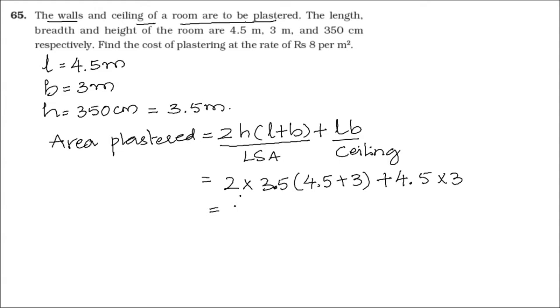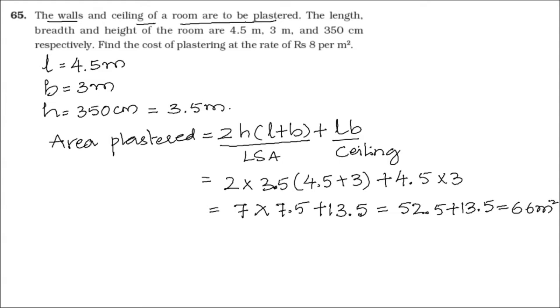This is 2 times 3.5, which is nothing but 7, multiplied by 7.5 plus 4.5 multiplied by 3 is 13.5. 7 times 7.5 is 52.5, plus 13.5. And the sum becomes 66 square meters.